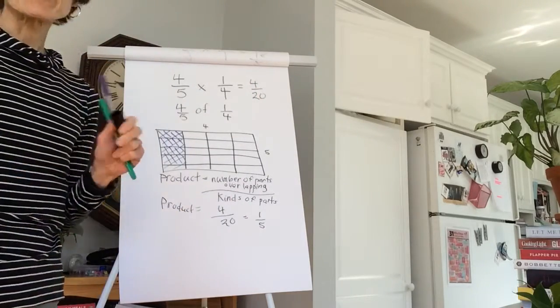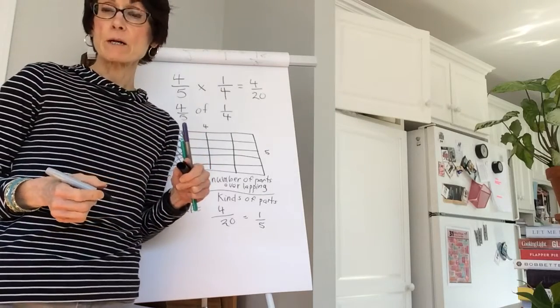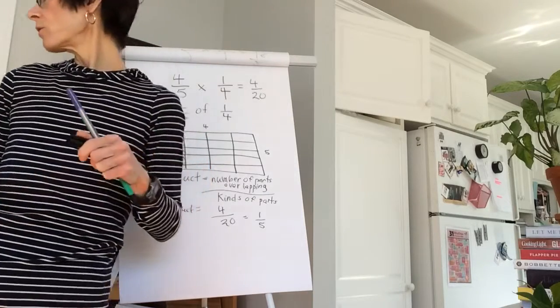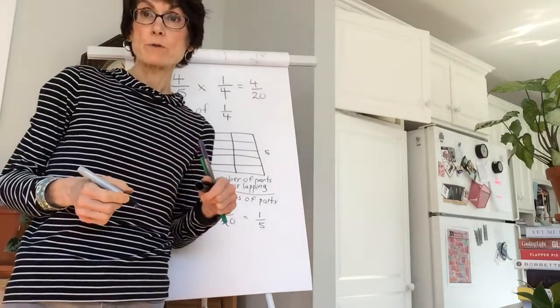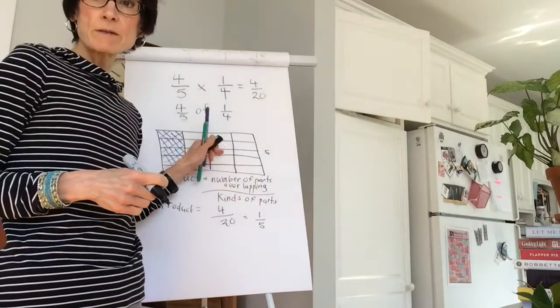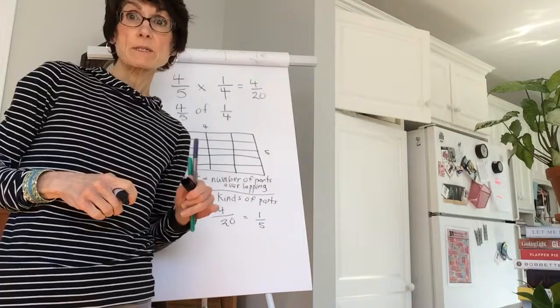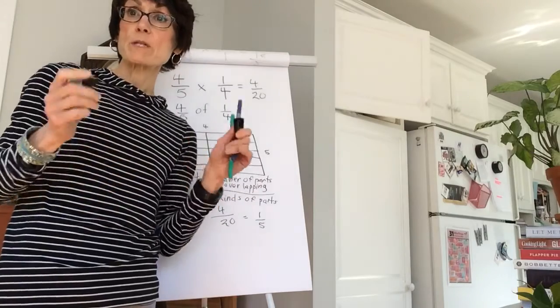So on the Flipgrid, you'll see this video. You can revisit this video anytime you want. There also will be a response video for you to do this week as well. There will be 3 problems similar to this. And what I would like you to do is to solve those 3 problems and to illustrate the solution by partitioning a rectangle.